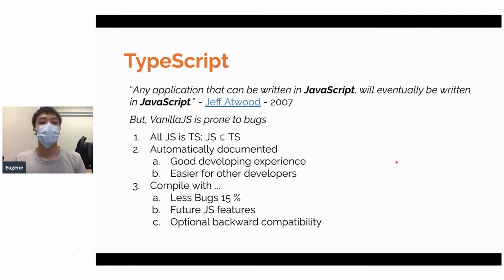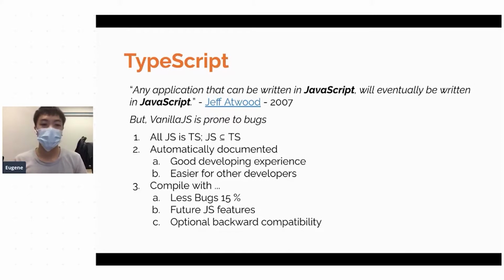The second thing is that all TypeScript is automatically documented, which means you can have a good development experience. You can use auto-completion to help you complete most of your code without spending too much effort thinking about which variable to use. It's also easier for other developers, who can easily read your code and know what return types are coming.